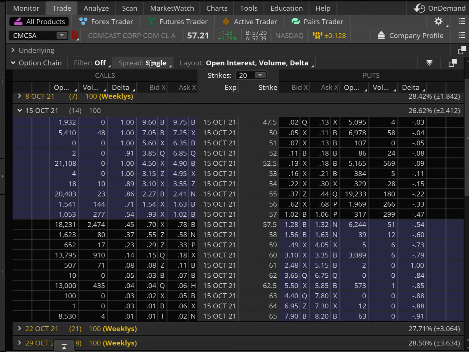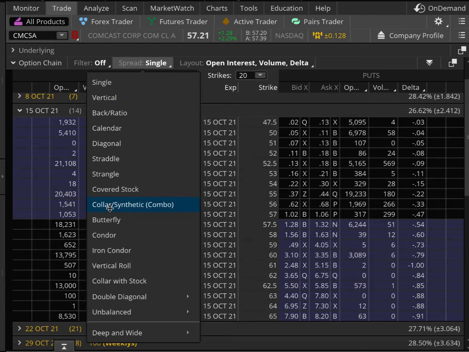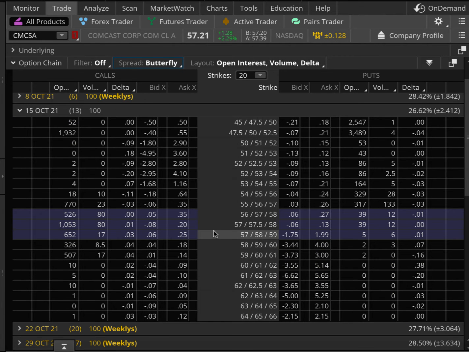So the way that you would set that up is go to spread, butterfly, and you're basically going to profit on the first leg of the butterfly. So if you think that it's going to go to 60, then that's the one you want to buy because it's going to stop at 60.